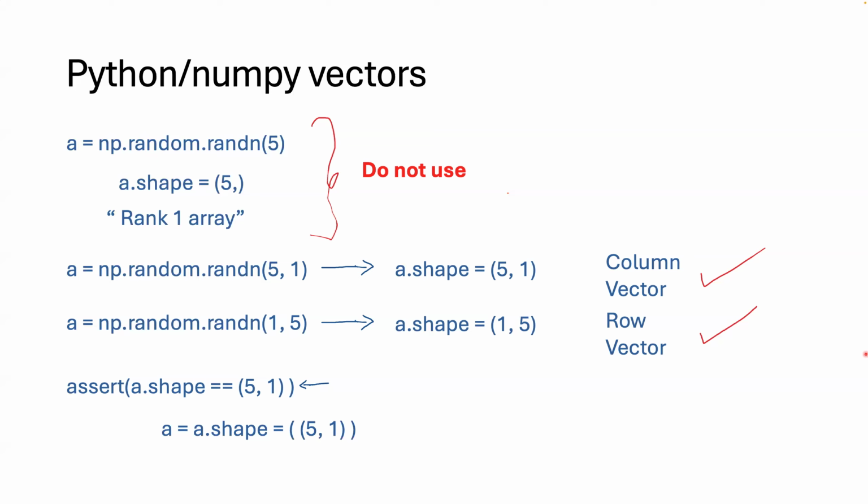In case you do end up with one, no problem, you can always reshape it like the one you're seeing over here. Then it's a 5 by 1 or a 1 by 5, and you can change this to a 1 by 5 array as well, so it behaves more consistently as either a column vector or a row vector.